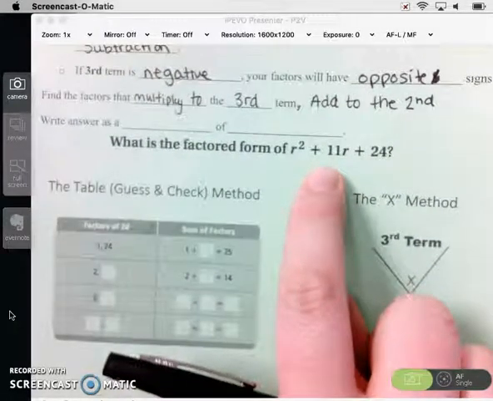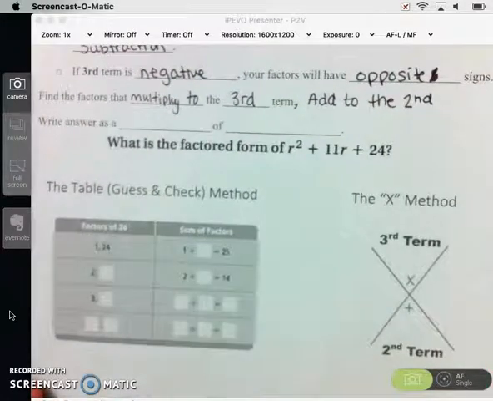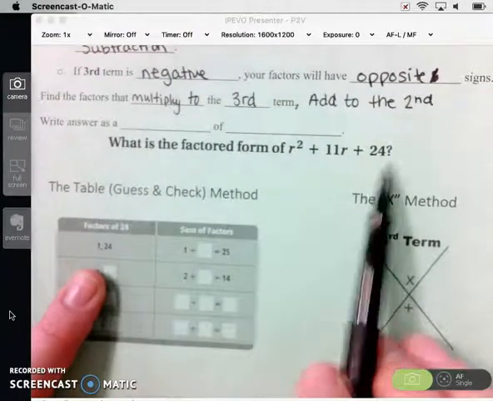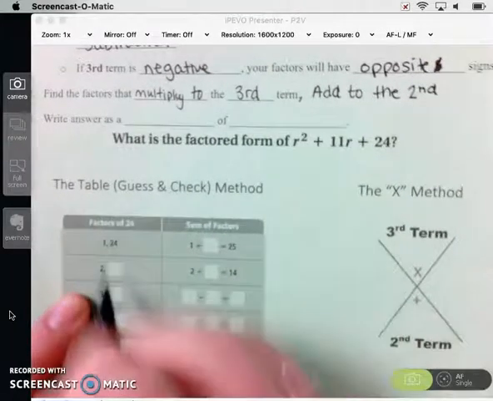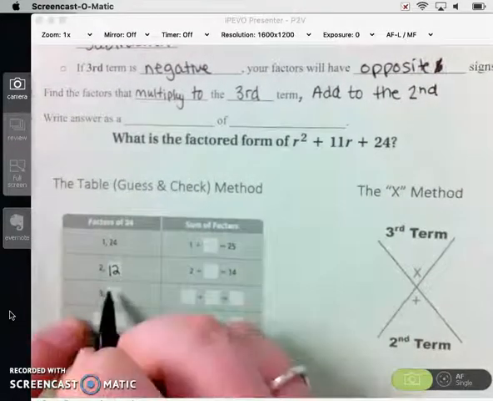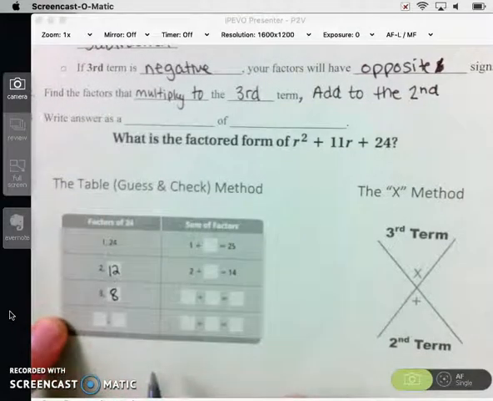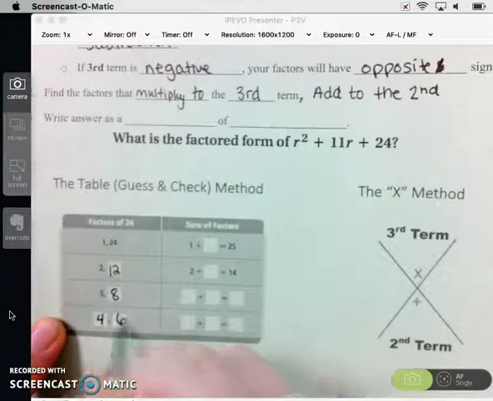That's what we're looking for. So factors of 24 are 1 and 24, 2 and 12, 3 and 8, and 4 and 6.